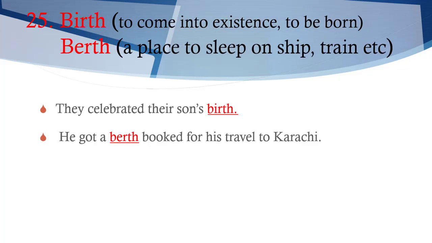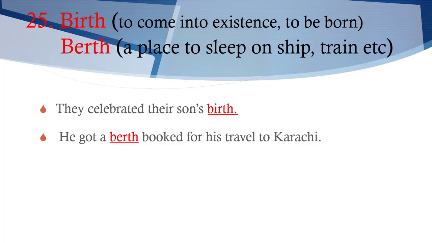Our last group of words is birth and berth. Birth: to come into existence, to be born. Whereas the second word, berth, B-E-R-T-H, means a place to sleep on a ship or train, etc., on different vehicles.